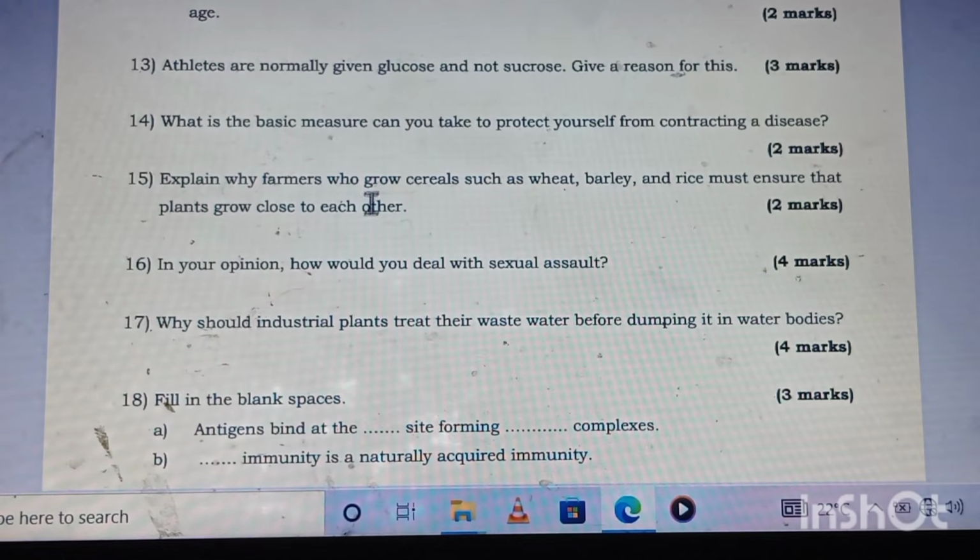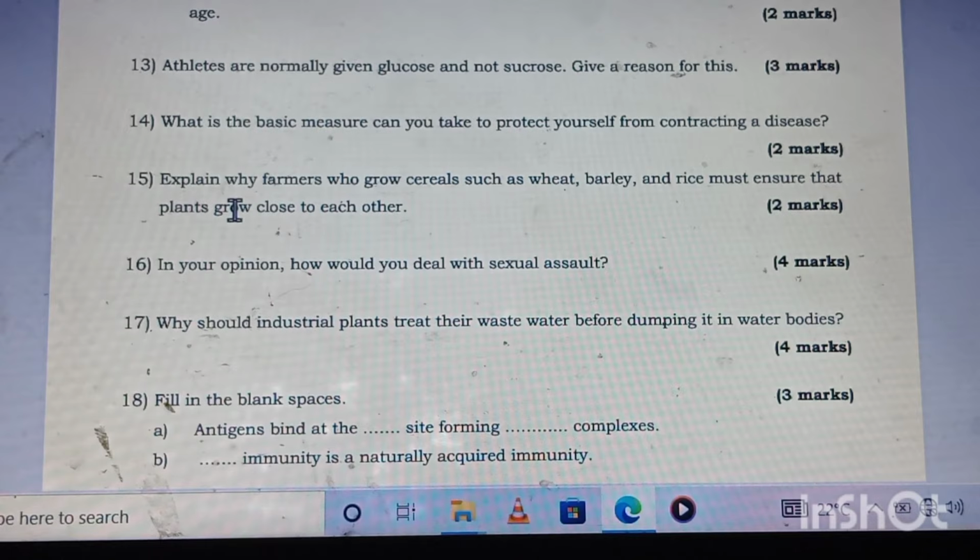Yes. Question number 14. What is the basic measure you can take to protect yourself from contracting disease? Here we have many measures, but the main measure is first you must take a vaccine, through vaccination or injection of vaccine.